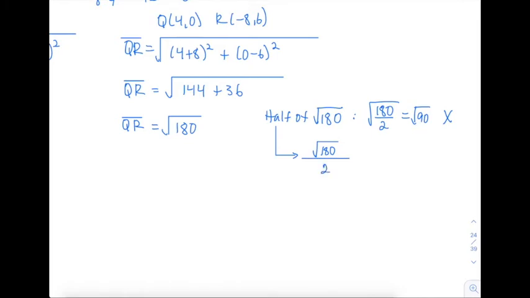Now, if you really want to put it within the radical, actually, can you tell me, how would I write this within a radical? What would I divide by inside there? 4. Yeah. You divide by 2 squared. That's right.